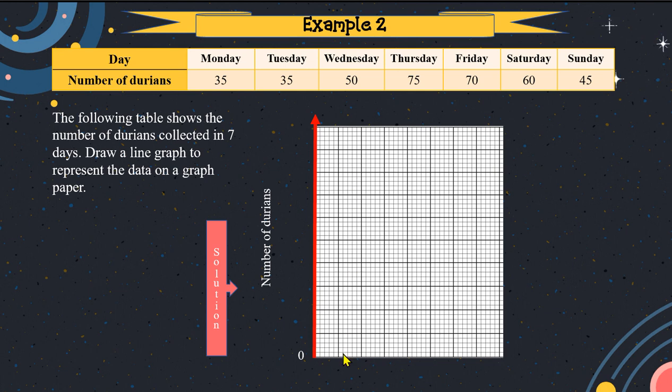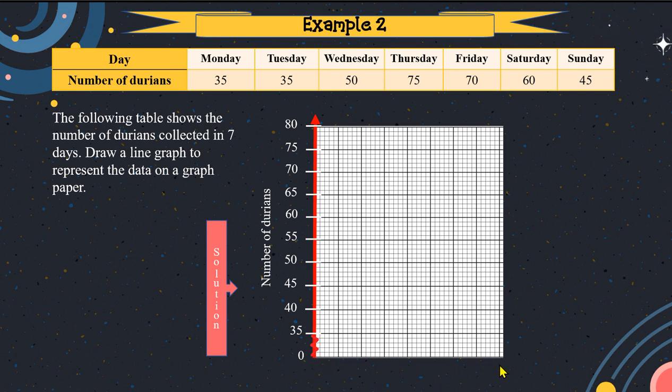So what we have to do is draw a curve like this, and this means the next one is 35, 40, 45 until 80. This means that between 0 and 35 we still have a lot of numbers. We cannot write down everything, so we draw the shape like this.